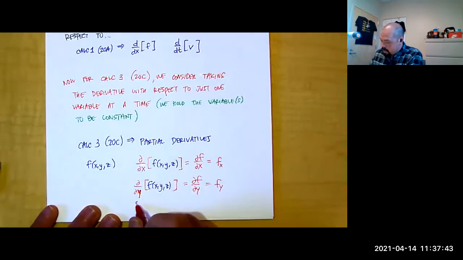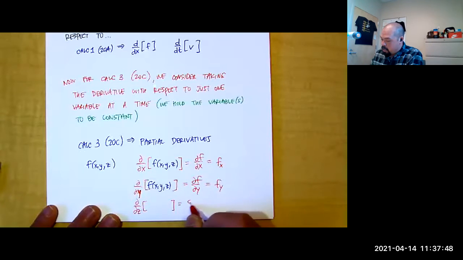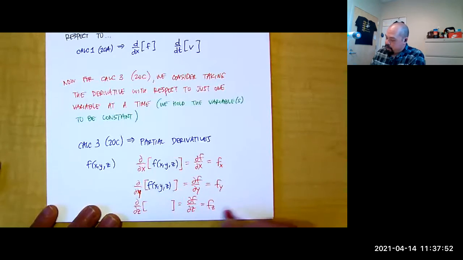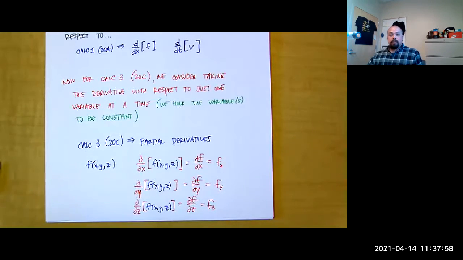And then lastly, taking a derivative with respect to z, or whatever other variables may appear, f sub z there. Let me fill in my function we're taking the derivative of. And there are our notations.